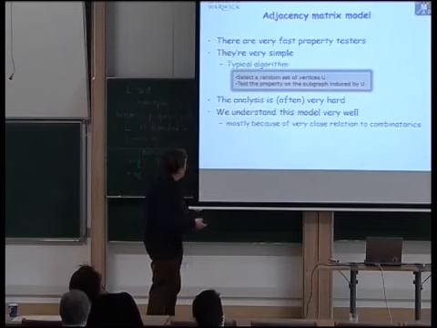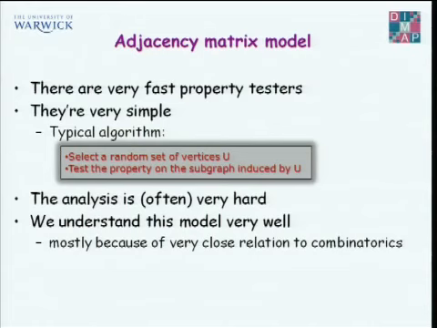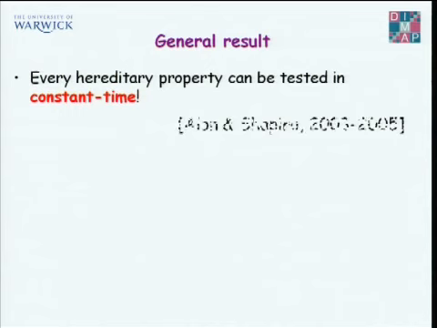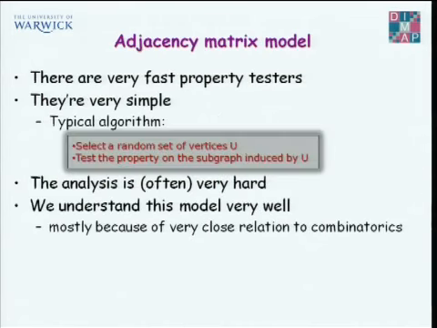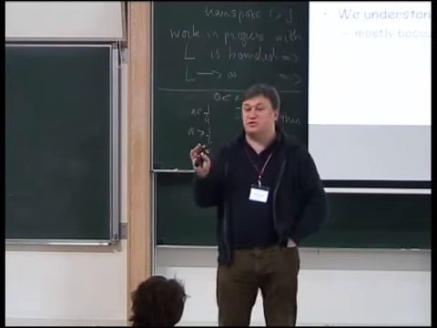The algorithm is trivial; the analysis is usually very hard. A few years ago, Alon and Shapira, after a sequence of papers, finally proved that every hereditary graph property can be tested in constant time. This means the random set of vertices will be of constant size, assuming epsilon is a constant.